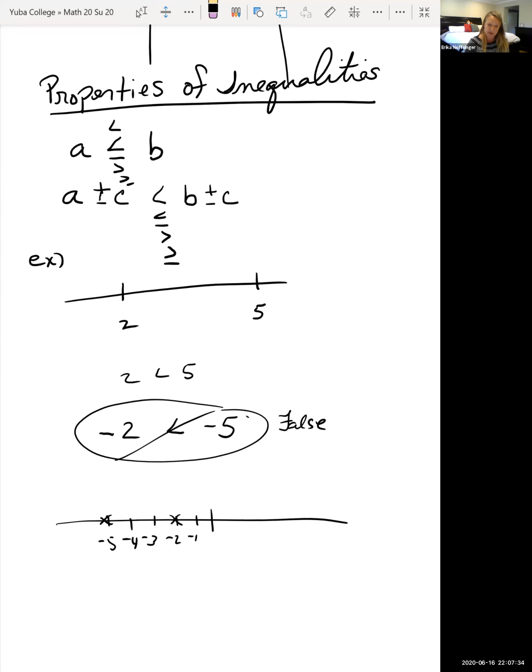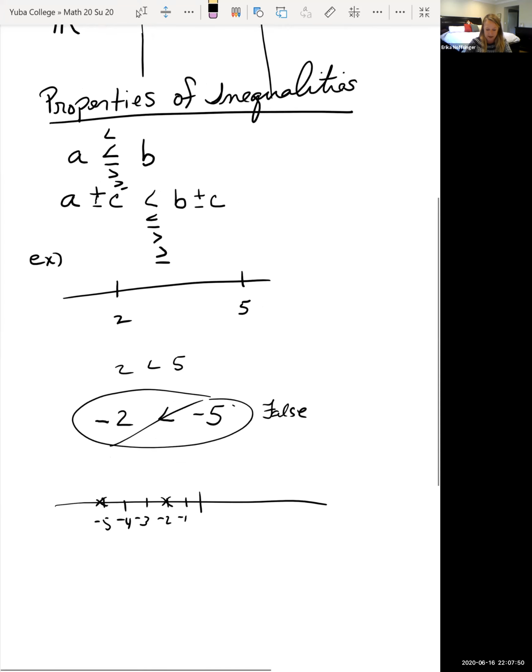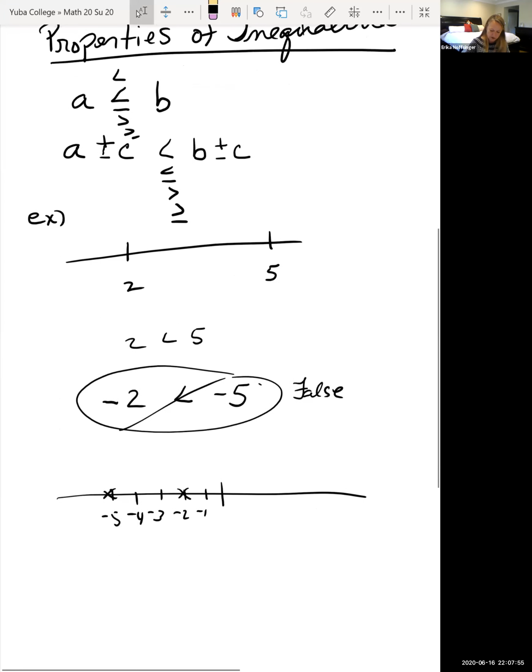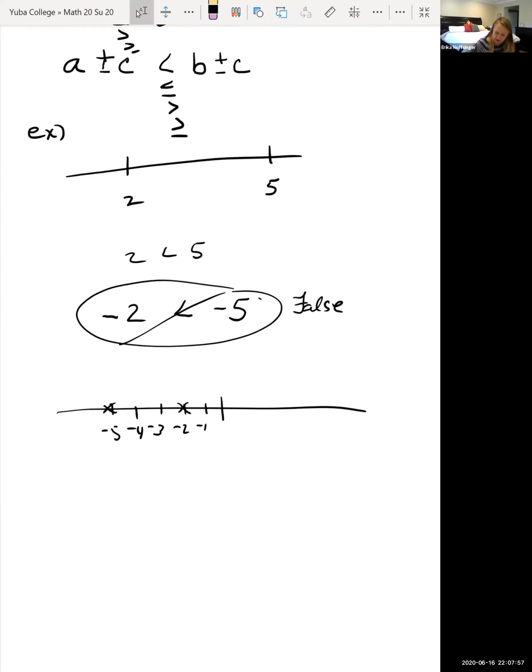So it ends up that we can do any property to inequalities and it will remain true unless you multiply, and also division, which is just multiplication by the reciprocal. Okay, so basically we need the rule.